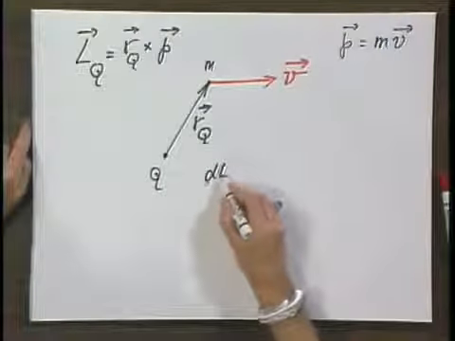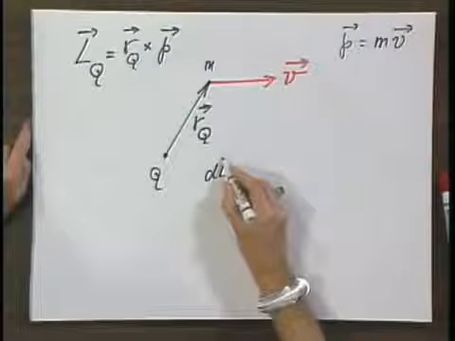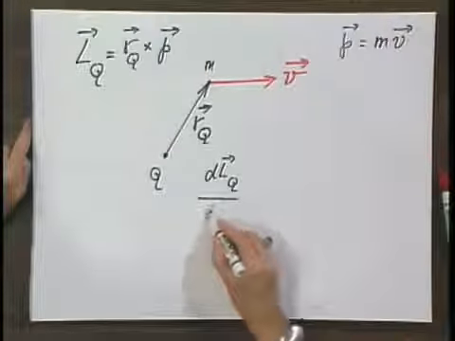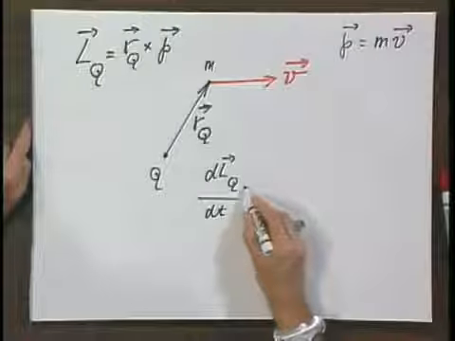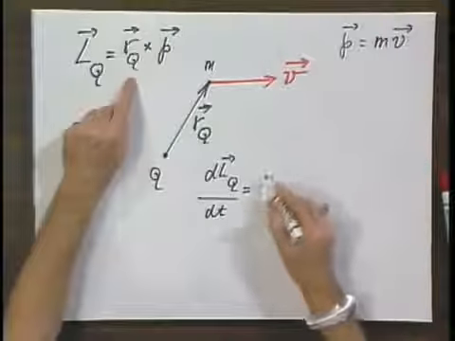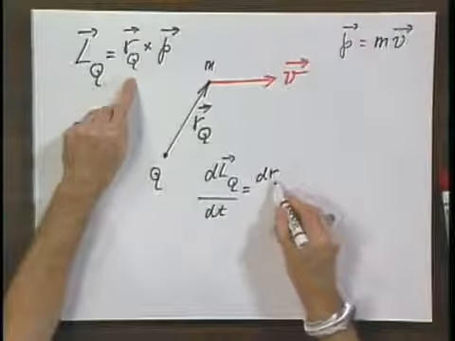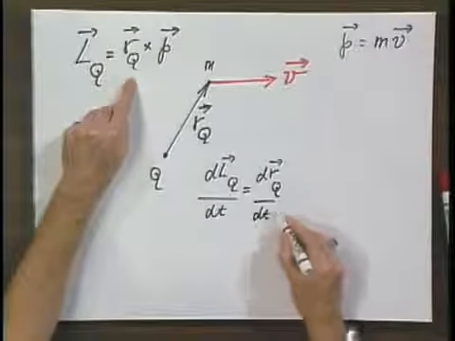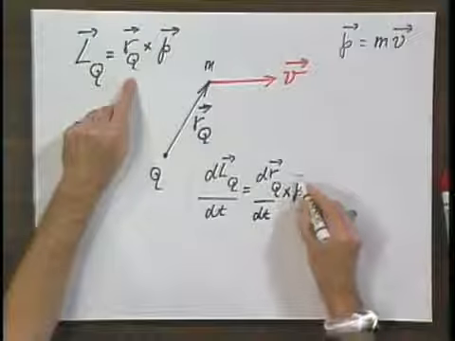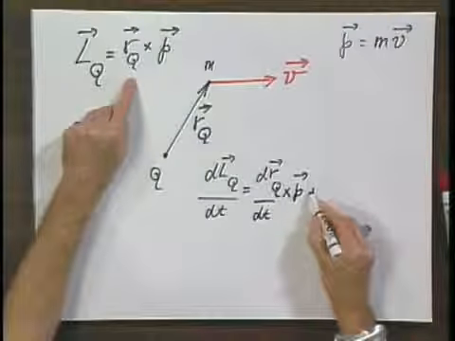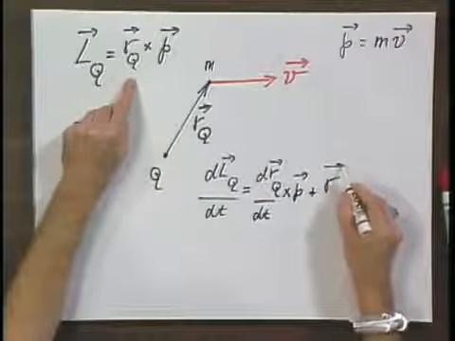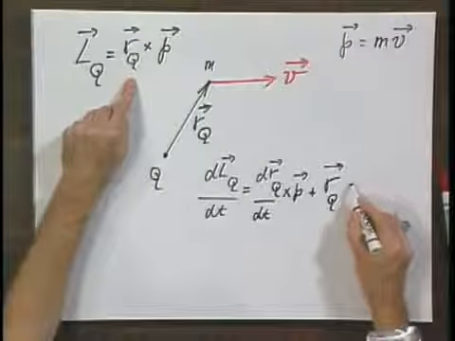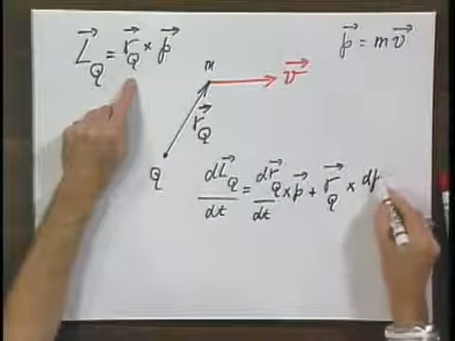Now I take dL_Q/dt, which now, according to my chain rule, equals dr_Q/dt crossed with p plus r relative to Q cross dp/dt.